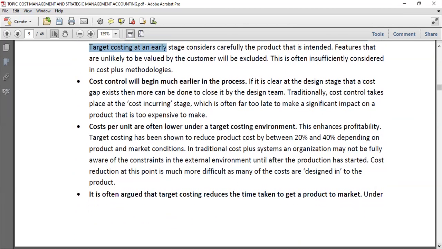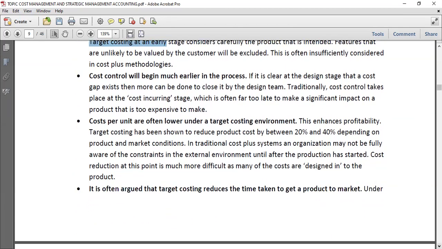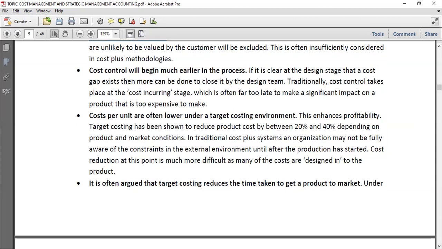And then cost per unit is often lower under a target costing environment, because definitely we do push. It's a whole process of cutting and reducing the gap. So at the end of the day, our cost is really small, okay, to help us get our desired margin. So they can ask you about the benefits there.